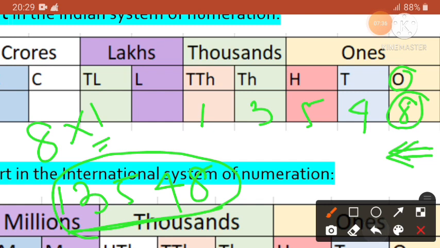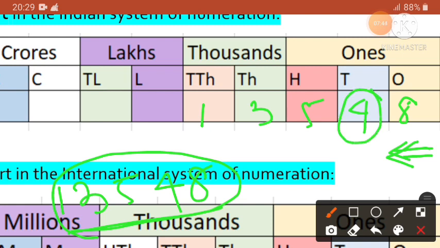Again, if we want to find the place value of 4 here, we know place value equals face value into place of the digit. Here the face value of this digit is 4, multiplied with the place of the digit.